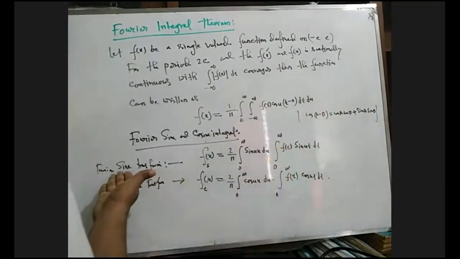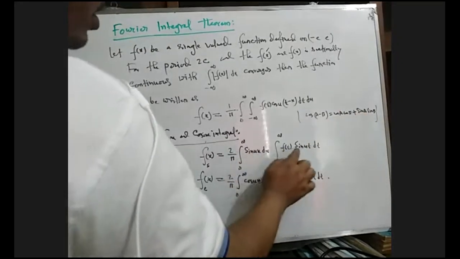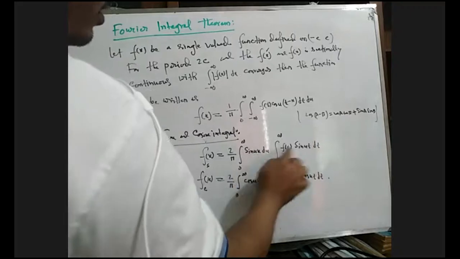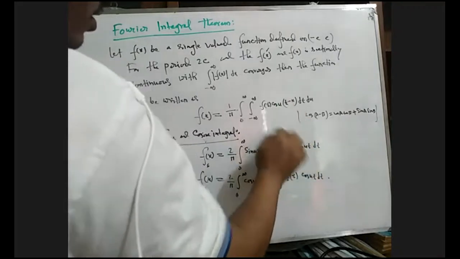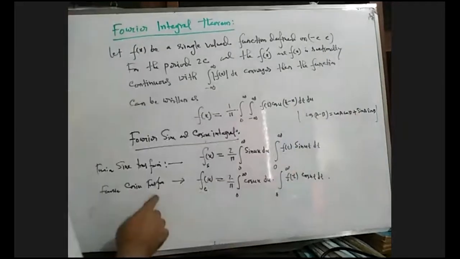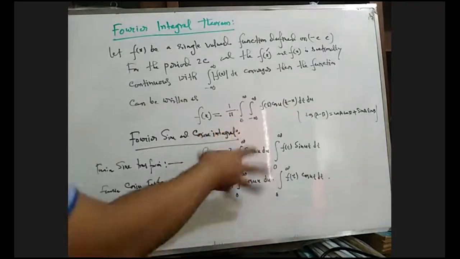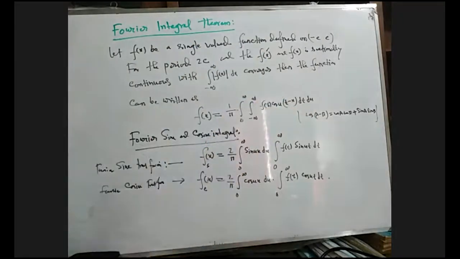One is the Fourier sine transform, taking sin ux and sin ut. And another one is the Fourier cosine transform, just cos. These two formulas come from here. Very easy formula for you.